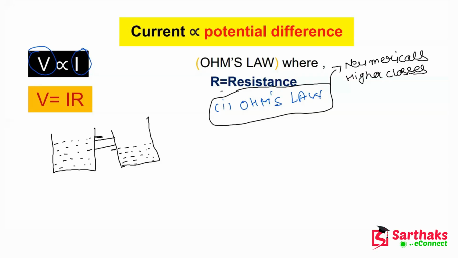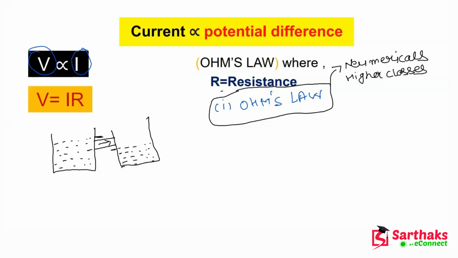The water will start to flow in this direction because, as you can see, the level here is higher and here the level is lower. So the water will flow towards the lower level from the higher level.